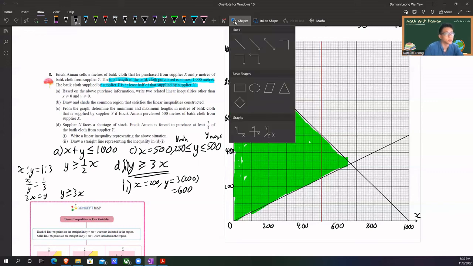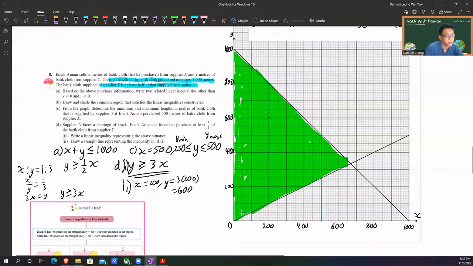Just connect from 0, 0 to that point and then stretch the line all the way. It'll be like this. This is y equals 3x. This is for the D2.